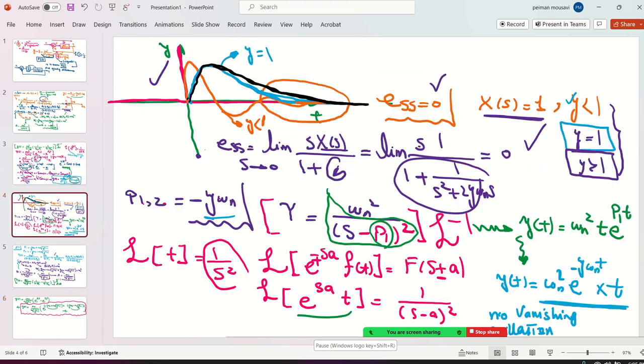So the black one is for the overdamped system. Again, nothing changes: input is impulse, it's the same order system, and the steady state error signal goes to 0. You got it, everybody?